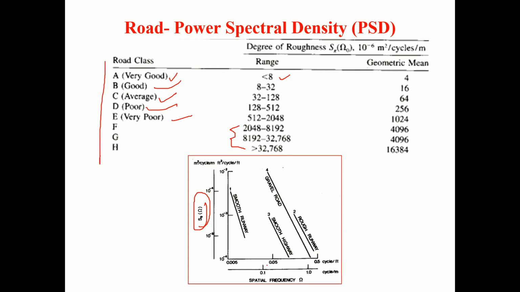In the range they are given these values, how they vary and within what frequency, because it is cycles per meter length. That is spatial frequency, correct? Right. So based on power spectral density, you can classify the roads.